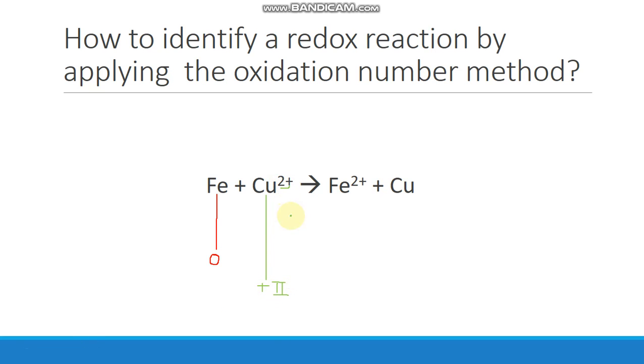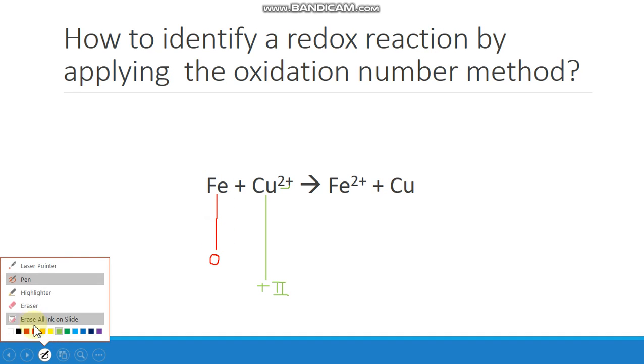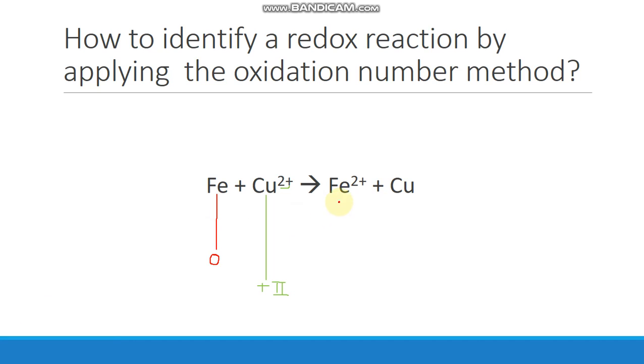Now we have the products. We have Fe, so we're going to change the color to red. Fe is in its ionic state, which is Fe2+. What's the oxidation number of this one?